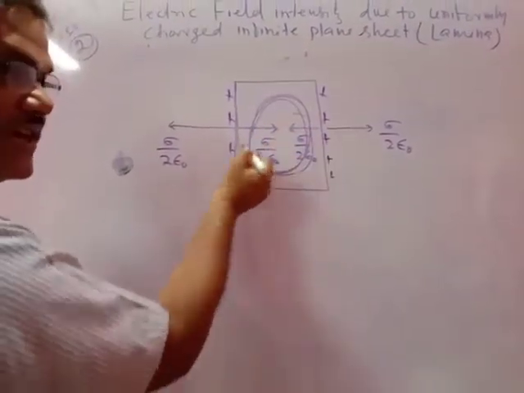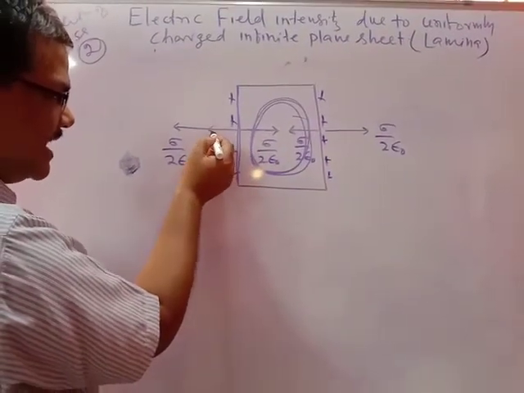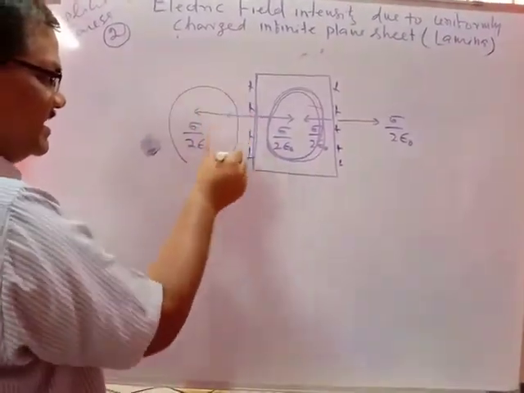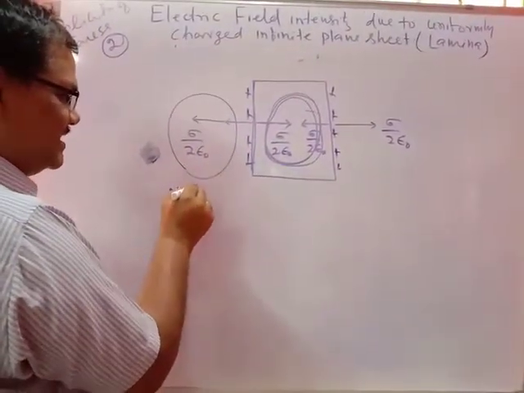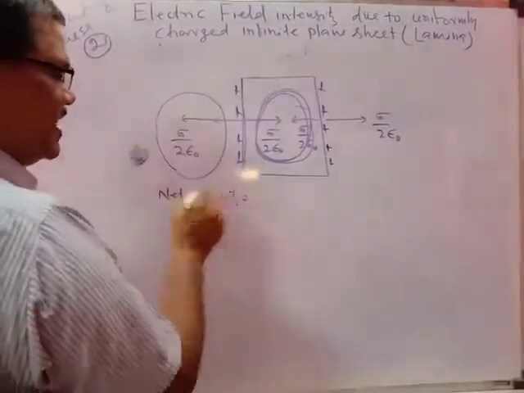Here in this portion it gets cancelled, and this sigma upon 2 epsilon naught is also directed along this side. So here you get the net intensity.